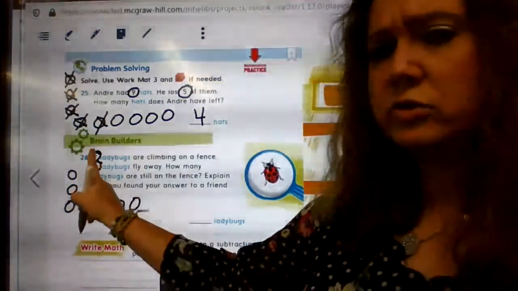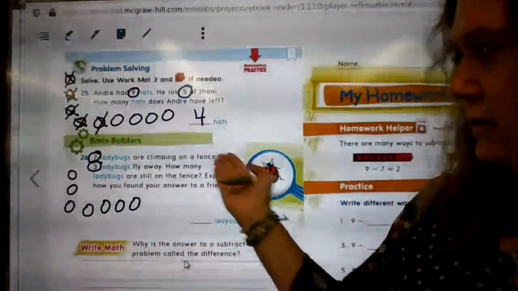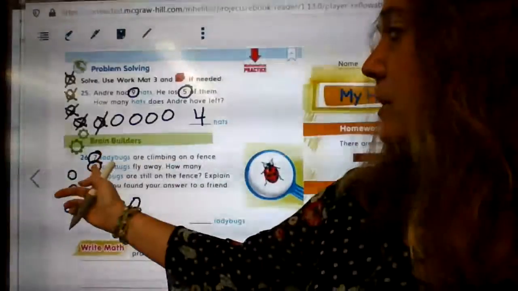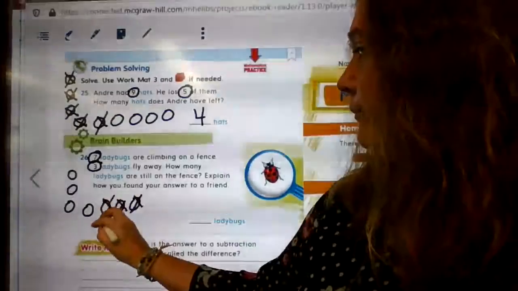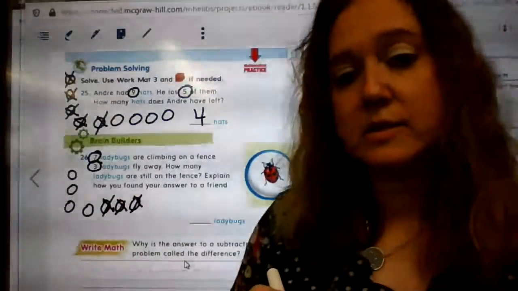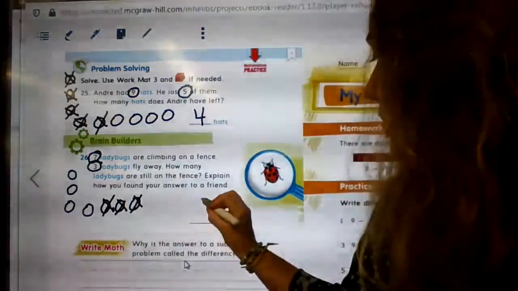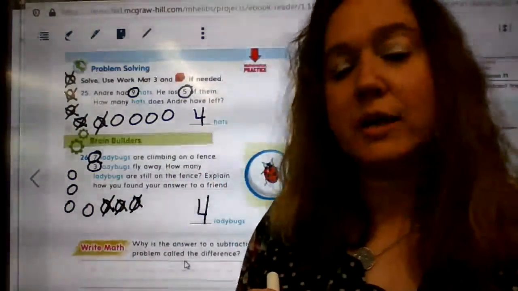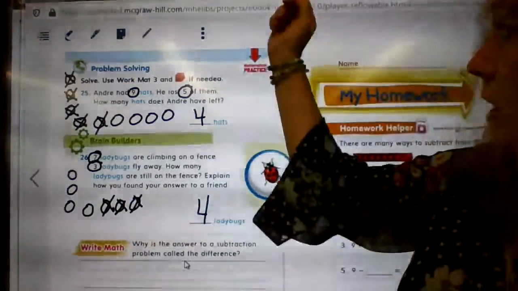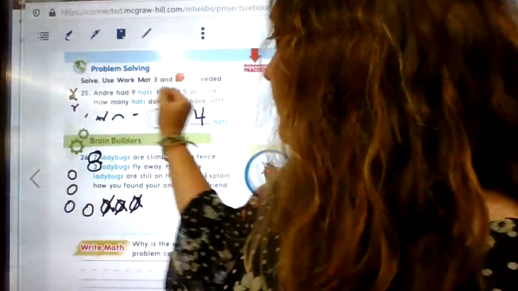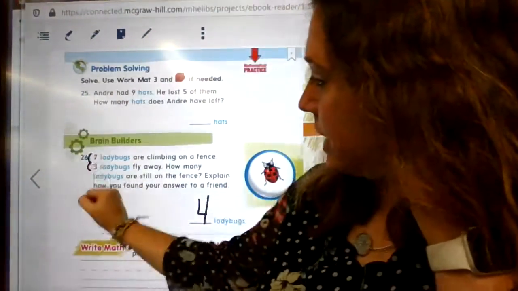If you're not sure, you look back at what they're telling us. 3 ladybugs fly away. How many are still on the fence? 4. 4 ladybugs are still on the fence. Okay. So I can scooch this up, I'm erasing.